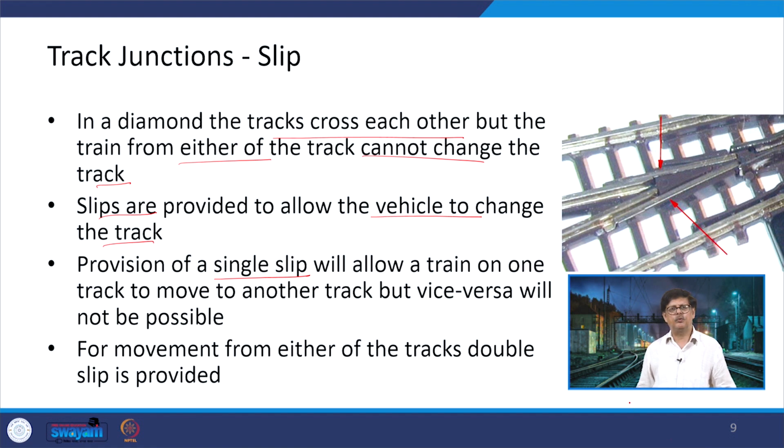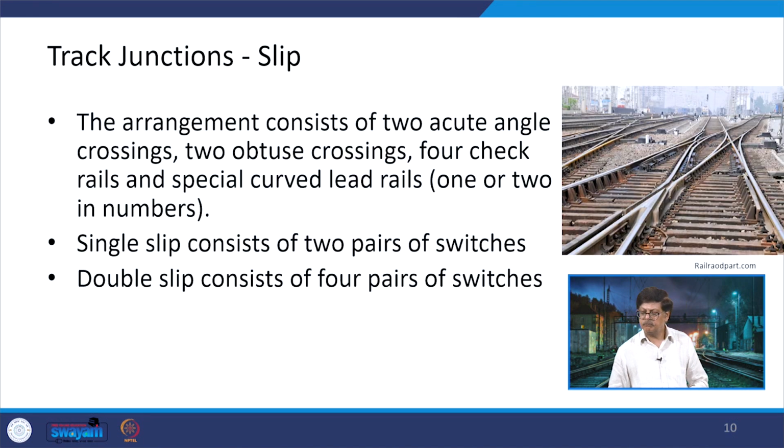If we require it for any of the directions, then a double slip has to be provided. So, what is this slip? Let us look at that. In this diagram, a slip rail has been shown here, but let us look at the other diagram where it may become clearer.